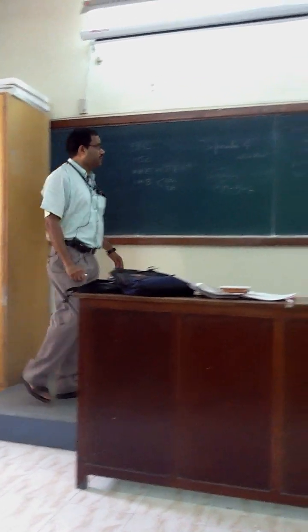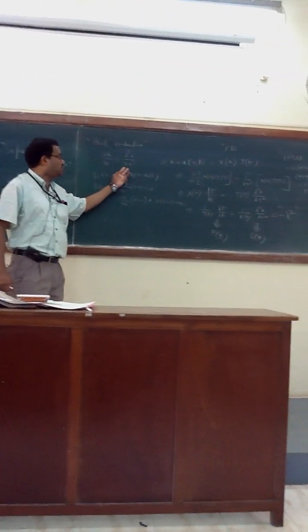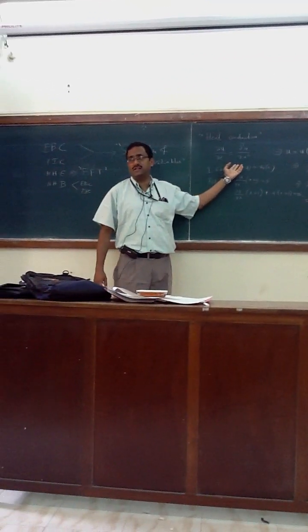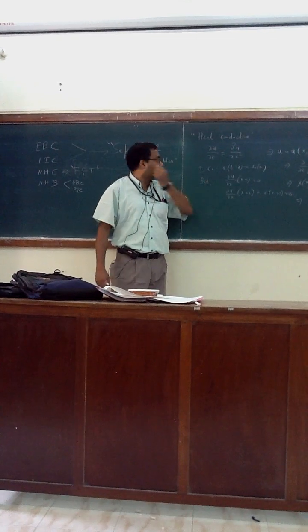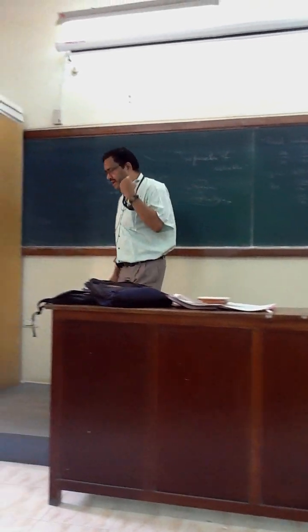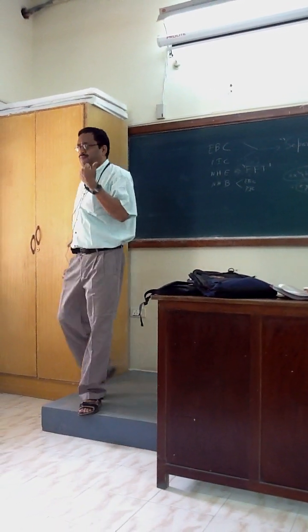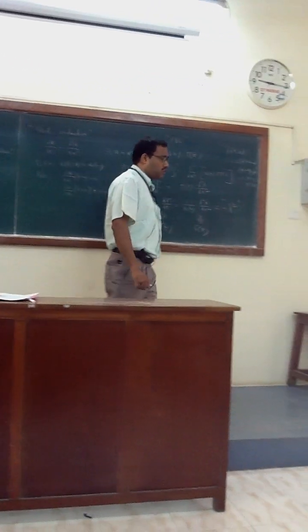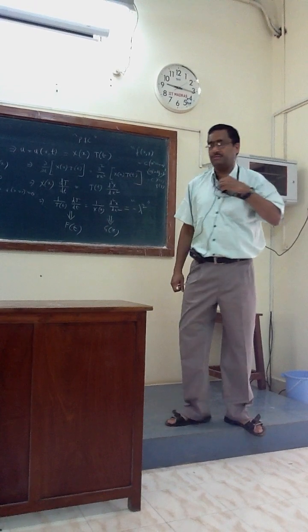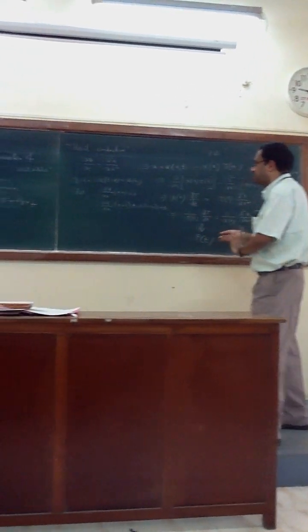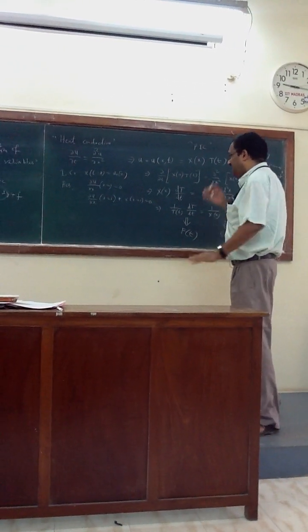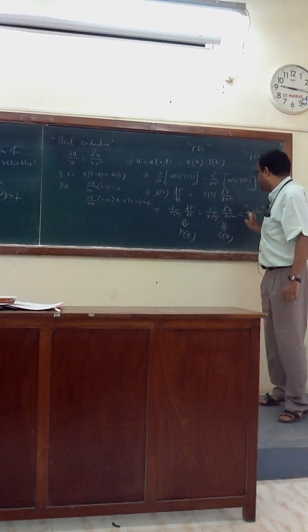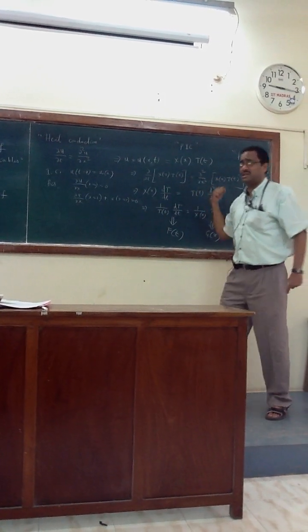At time tending to infinity, this equation will reduce to d2X by dx square equal to 0, right? So at time tending to infinity, the parabolic PDE is also merging to the ODE, ordinary differential equation. So if you don't have minus lambda square, we won't get the steady state solution.